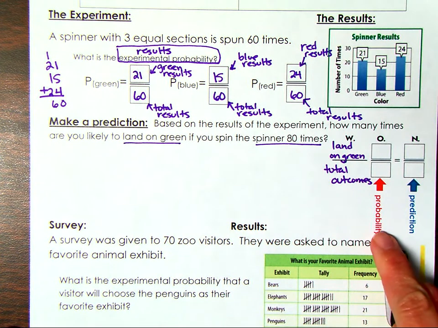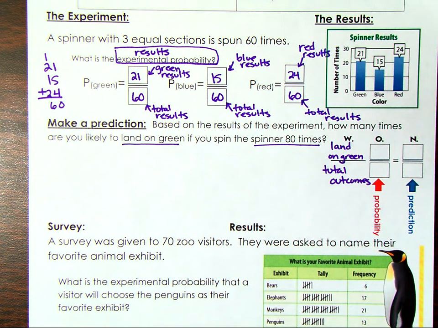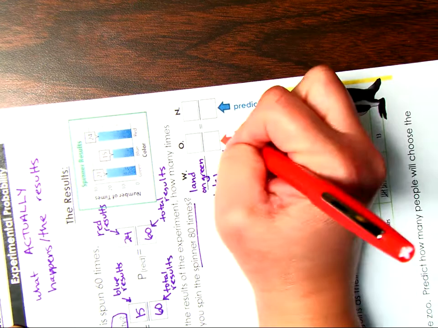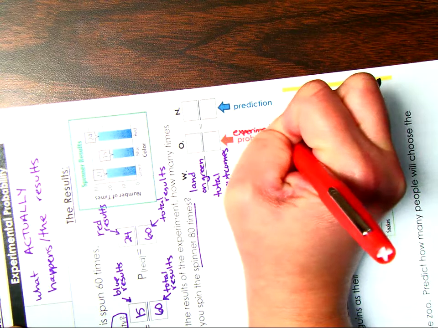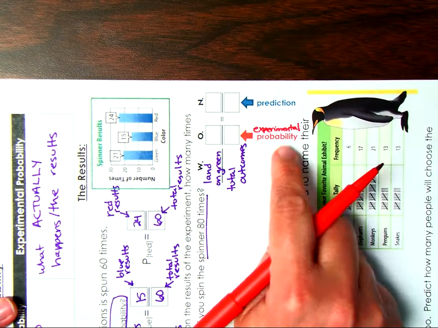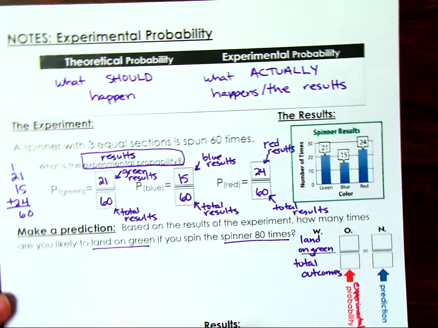So this is your probability. And in this situation, this is actually going to be your experimental probability. So I change this around. Experimental. When we've looked at that in our previous lessons, this was our probability in theory, but right now, we actually already know the results.